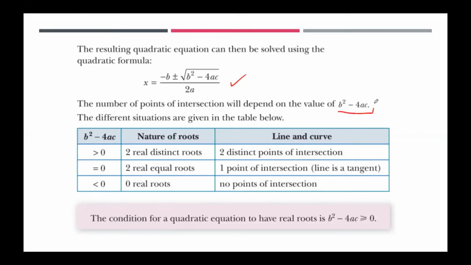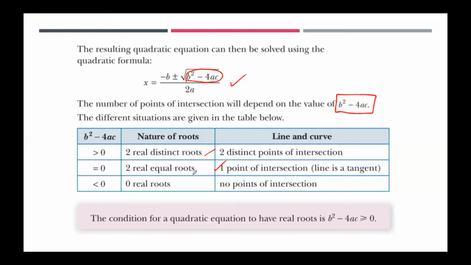This is the discriminant, and it will determine whether you have 2 points of intersection, 1 point of intersection, which means the discriminant is equal to 0, or, if the discriminant is negative, remember that when you take the square root of a negative, the answer is undefined.